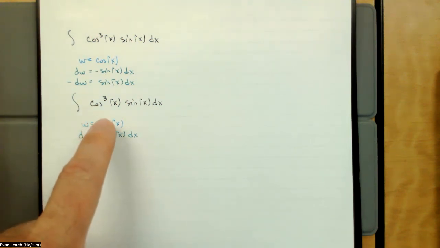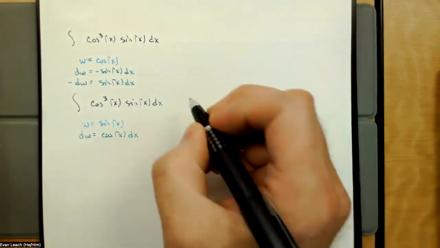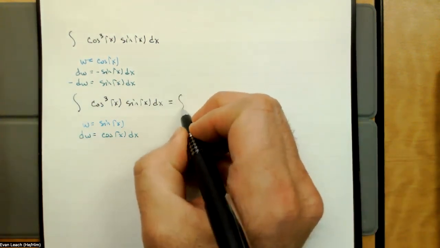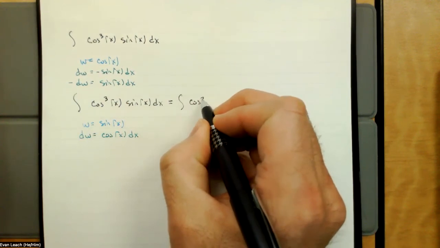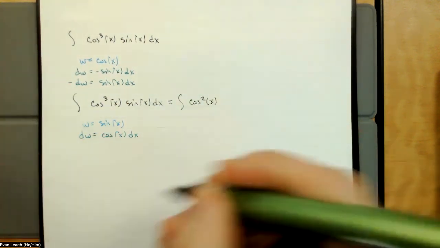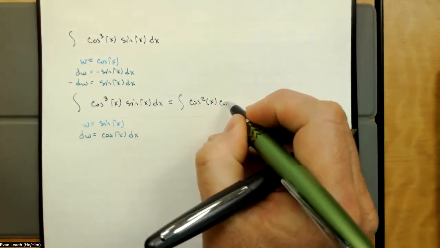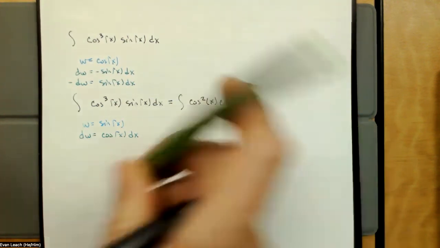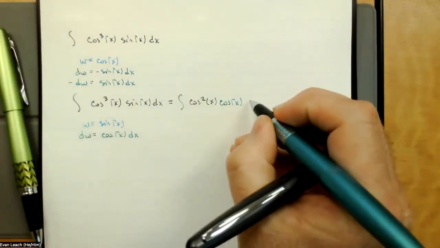I have one factor of cosine, but I've got two other factors of cosine. So the way we're thinking about this is that we have the integral of cosine squared x, and one of these factors of cosine is going to be my dw. Sine is going to be my w.